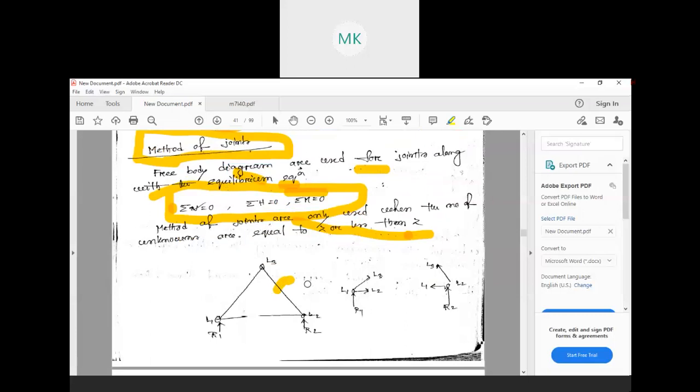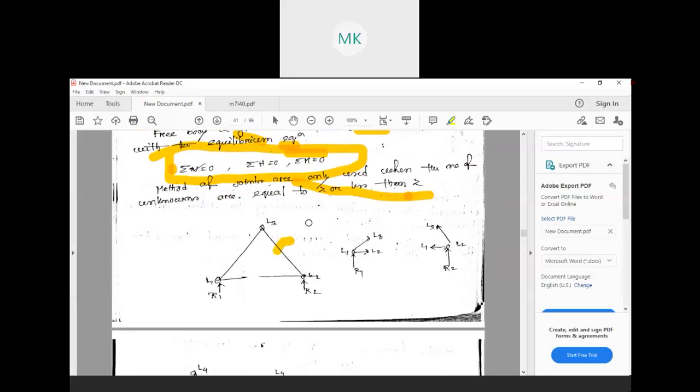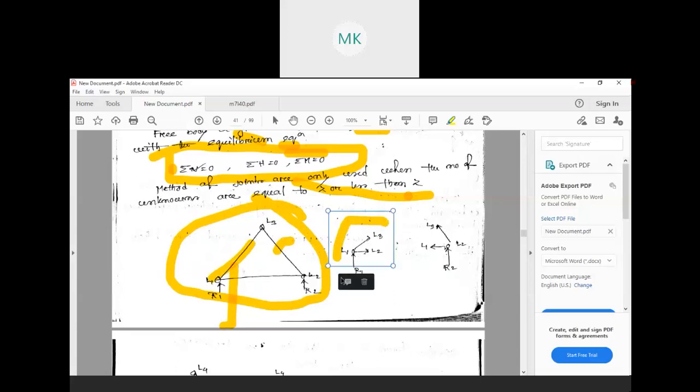So as you can see, if we consider a simple truss, a 3-member truss, with members L1, L2, and L3. If we take out one portion at a time, if we consider this L0 part, what loads are applied here?